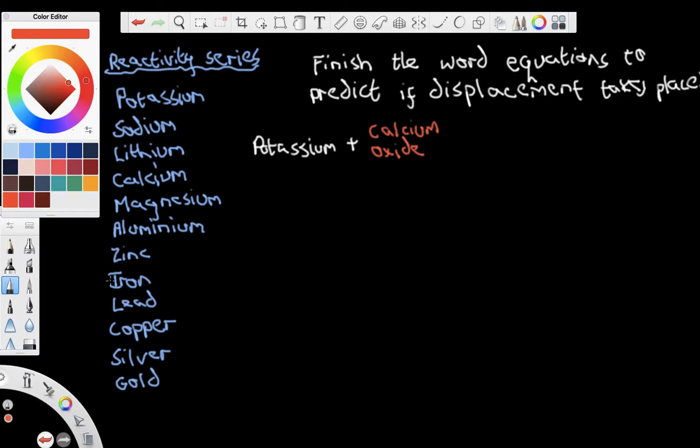Pause the video now, see if you can finish off that word equation. Make sure you've got a different coloured pen to hand, press play when you're ready to go over the answer.